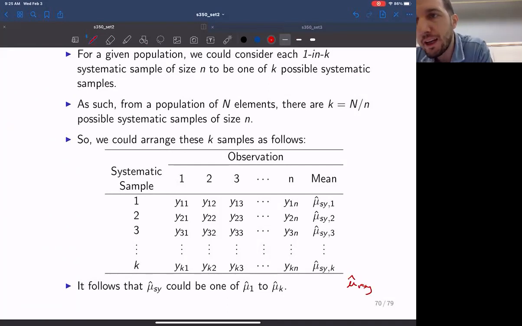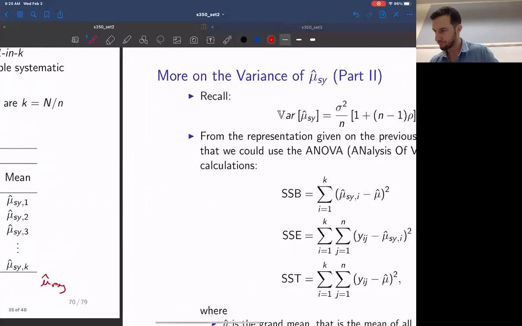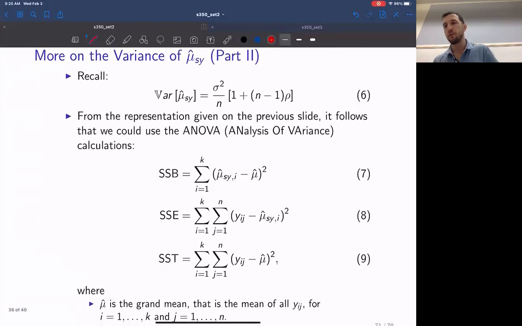So now we have three different sums of squared differences: one within the systematic sample, one between the systematic samples, and one for the overall collection of observations. Why is this beneficial to us? Well, if you remember, when we first introduced systematic sampling, we noted that the SRS estimator of the systematic sample works best when we have no order or periodic relationship between the values collected.